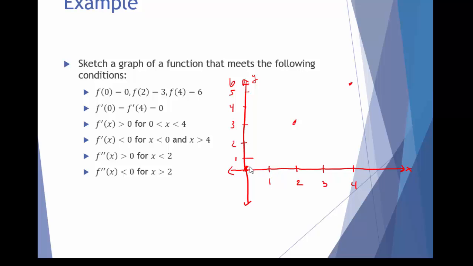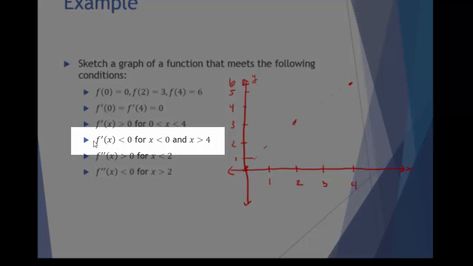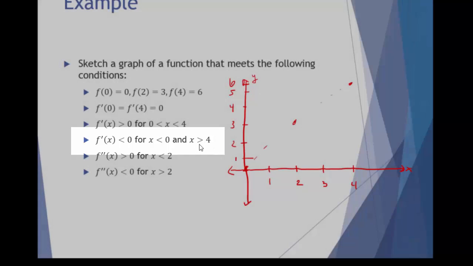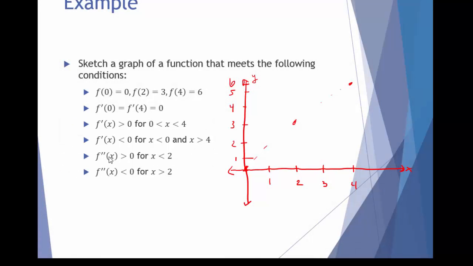So on my graph, that means, remember I'm going to resketch this in just a moment, I should be increasing from 0 to 4, up this direction. The next one says that my first derivative is less than 0. My first derivative is negative for any x smaller than 0 and any x greater than 4. So if the first derivative is negative, that tells me that my original function is decreasing.